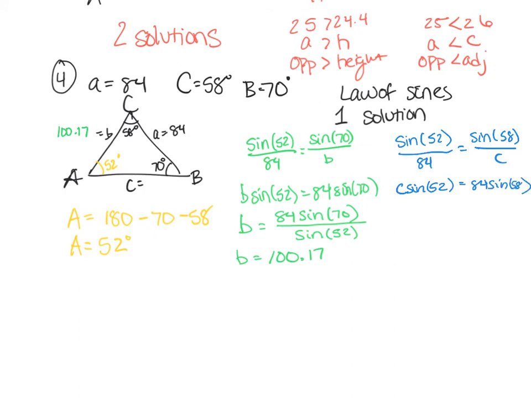Almost ran out of space. Divide both sides by sine of 52. So C is equal to 84 times sine of 58 over sine of 52, and we are left with 90.4. That's what it would end up being to the second decimal place.